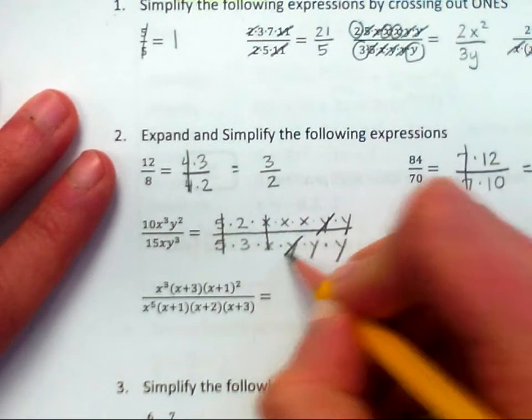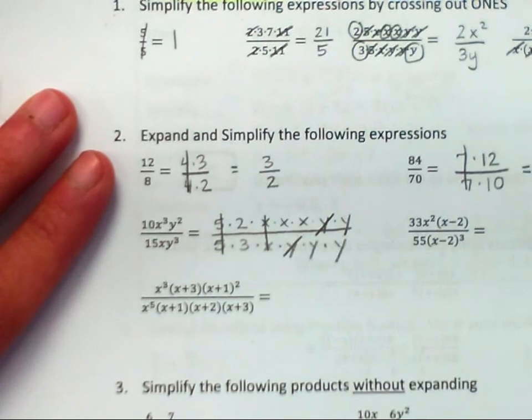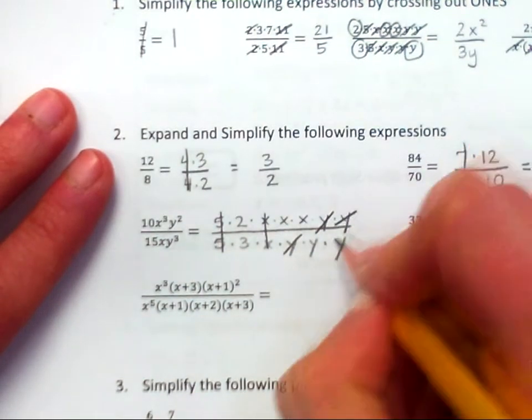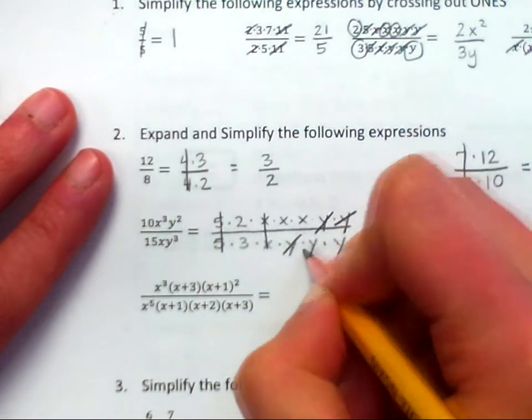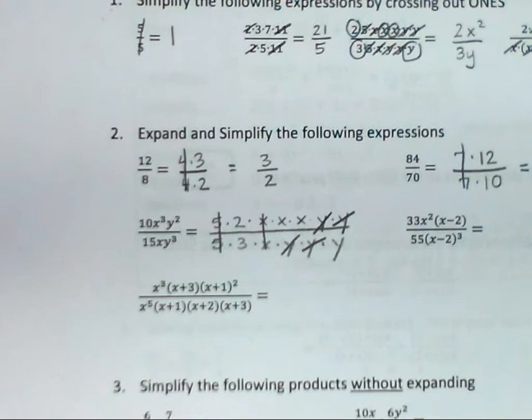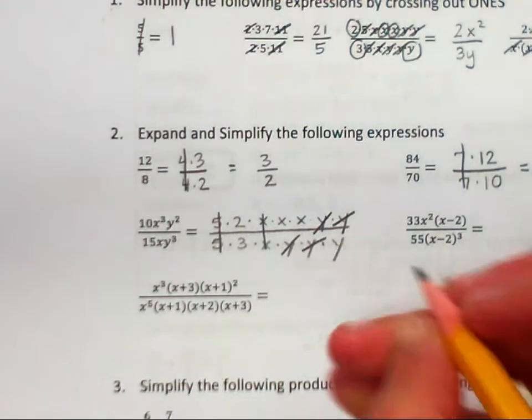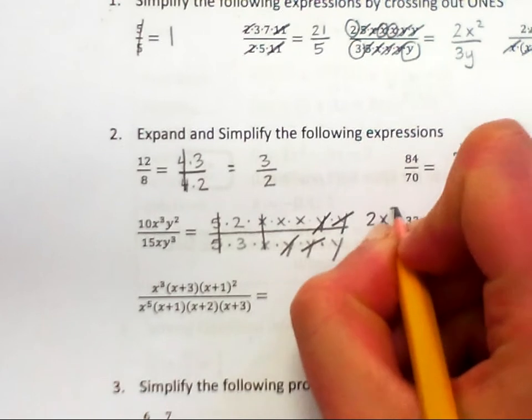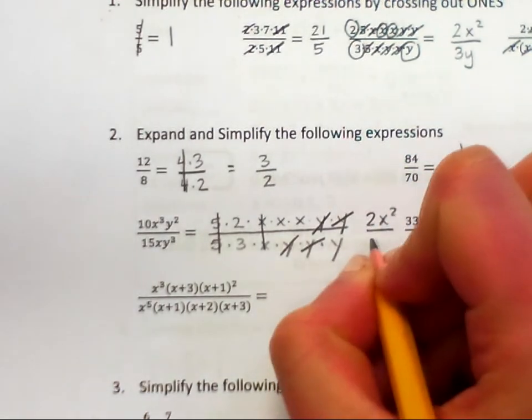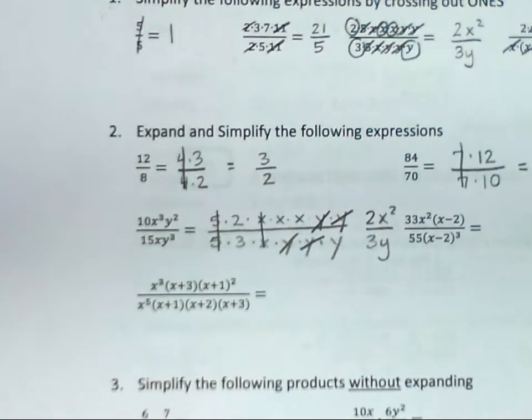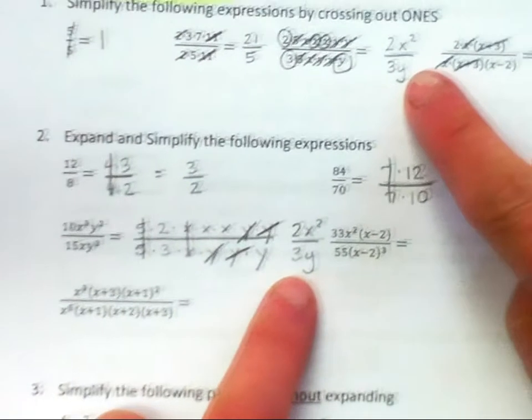This y and this y, and this y cancels out one of these. I think I've got everything. So that leaves in the top 2x squared over 3y. Hey, it's the same answer as this one.